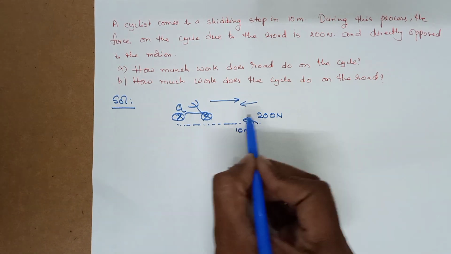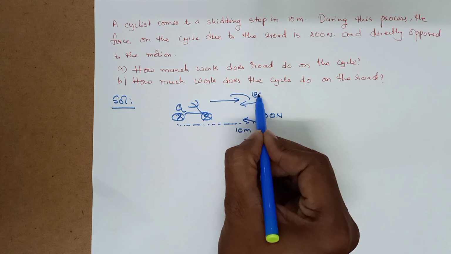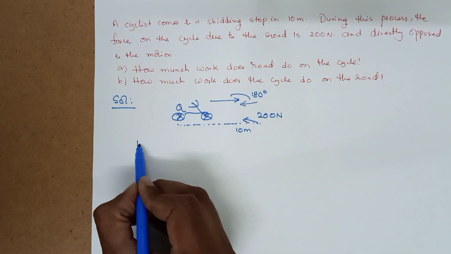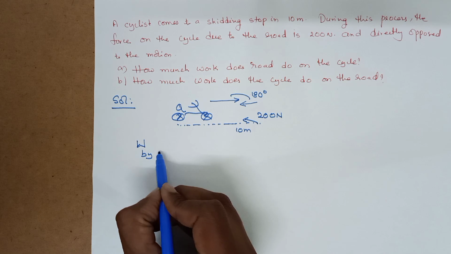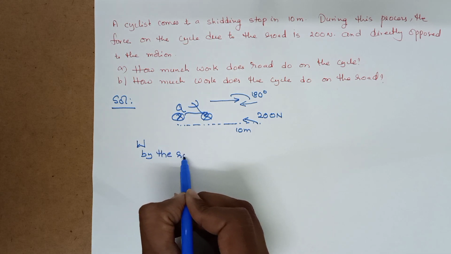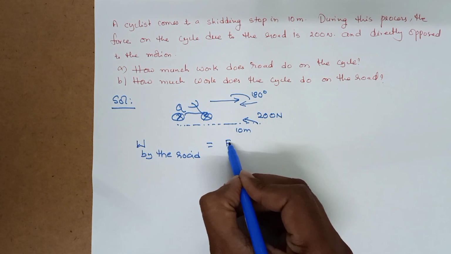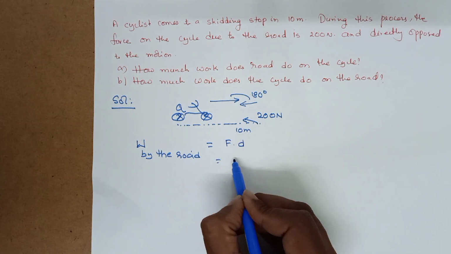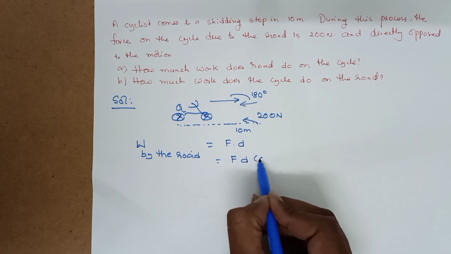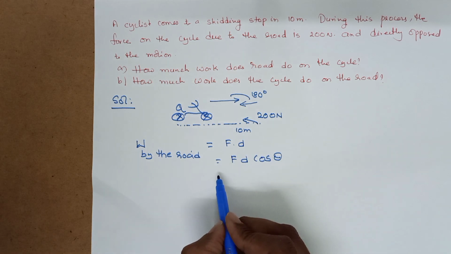So what is the work? What is the angle between them? This is 180 degrees. Work done by the road is equal to F dot D, F into D into cos theta.